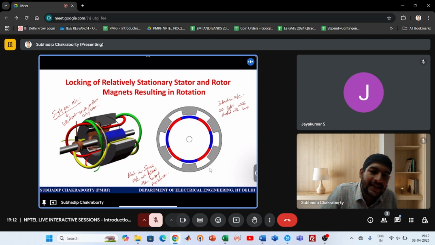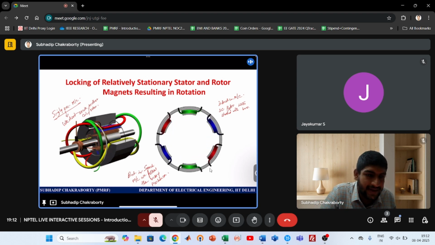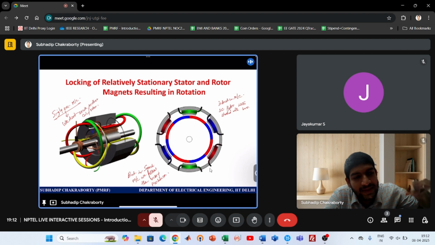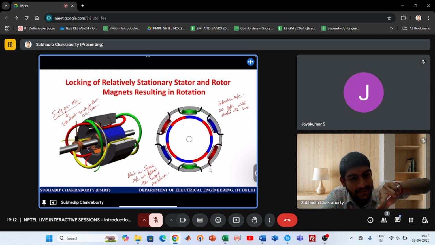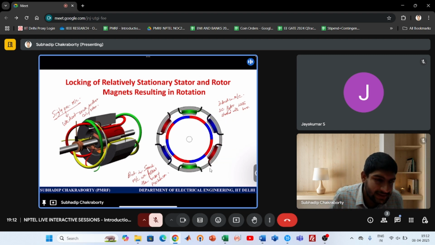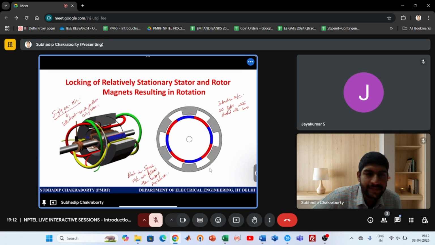Or in other words, you can say that fictitiously it creates some RMF, right? So either you create the RMF from the stator and it will pull the rotor with it due to the locking mechanism, or you yourself rotate the rotor, which will form the voltages, just the dual of it.